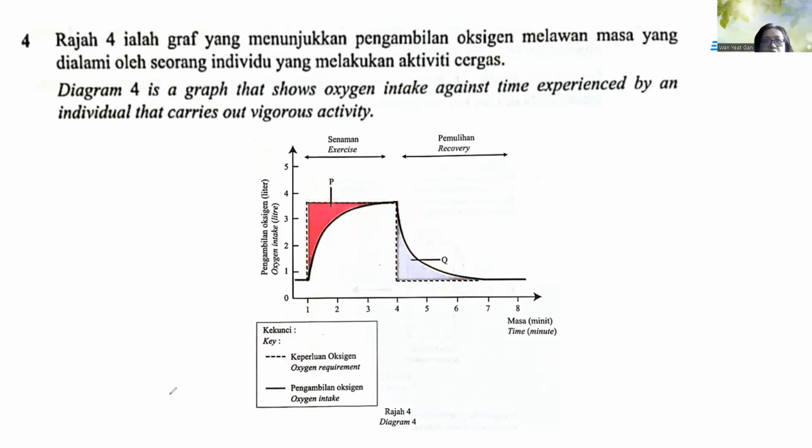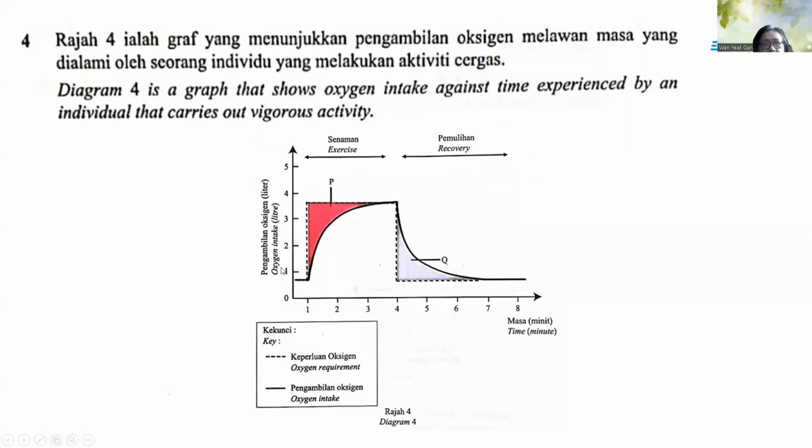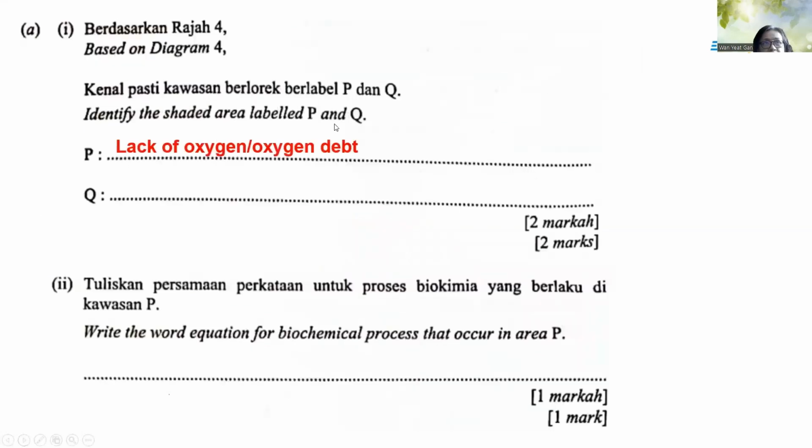Now let's see the question. Based on diagram 4, identify the shaded area P and Q. The answer is P is the part where the person is exercising, so he is experiencing oxygen debt, while Q is when the oxygen debt is paid.